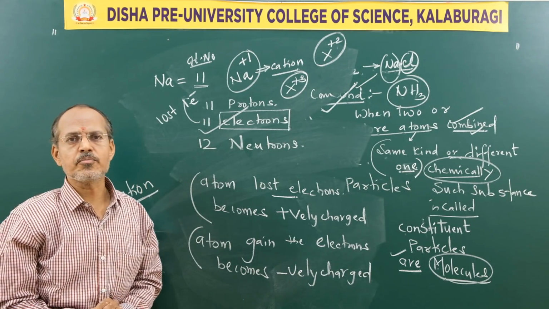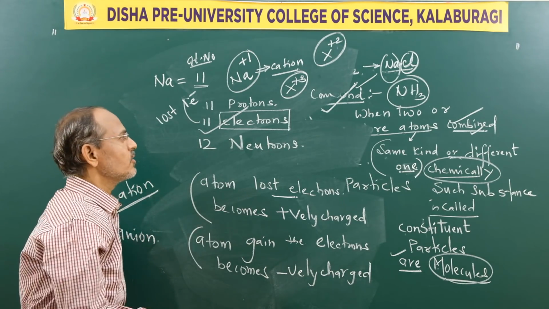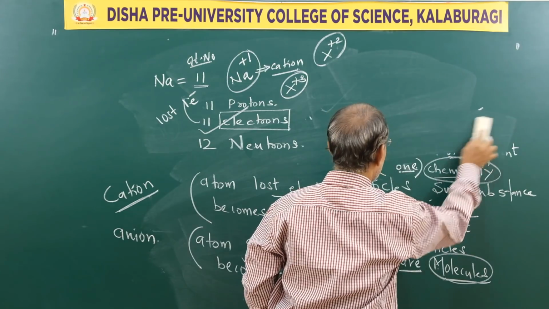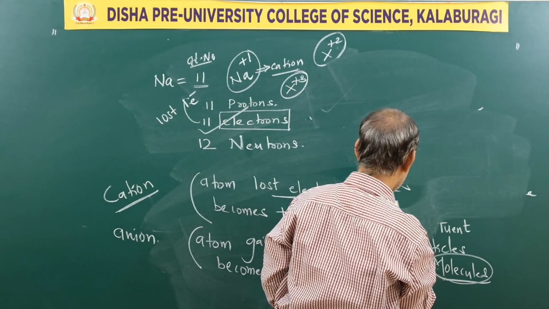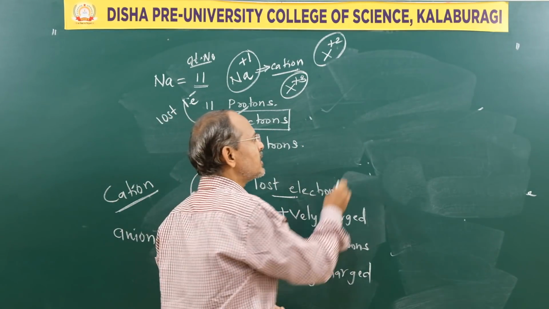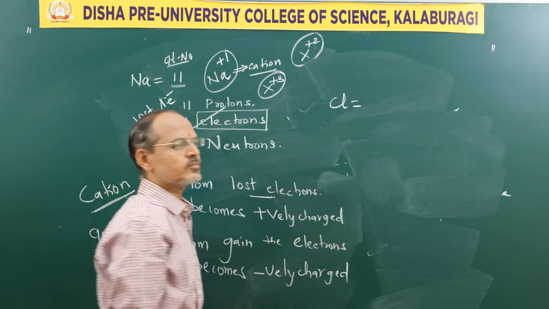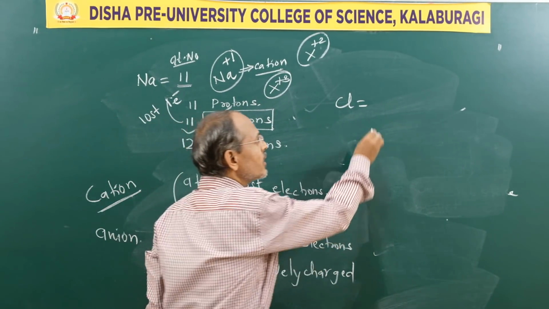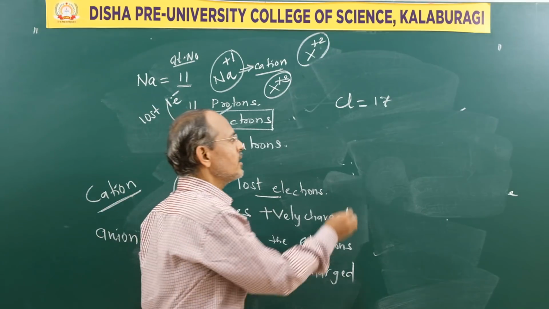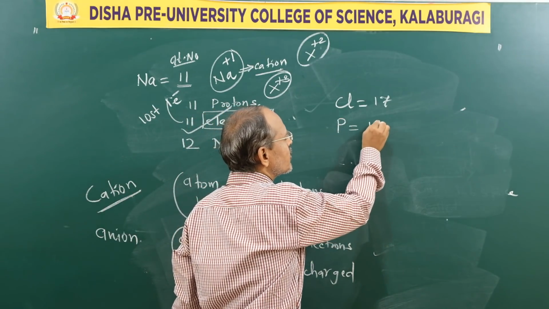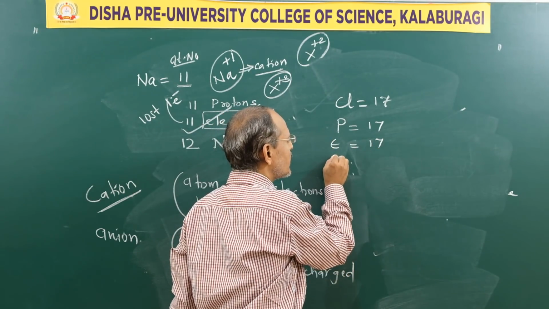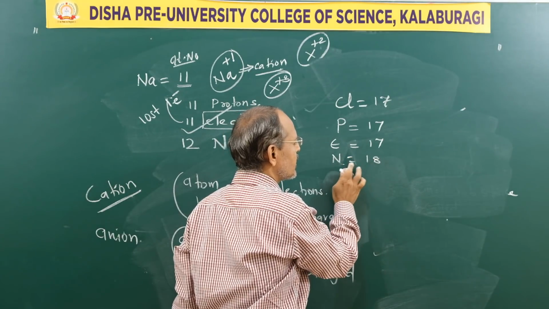Now another example. I will take the example of chlorine. Chlorine atomic number is 17. That means protons 17, electrons 17, and neutrons 8.